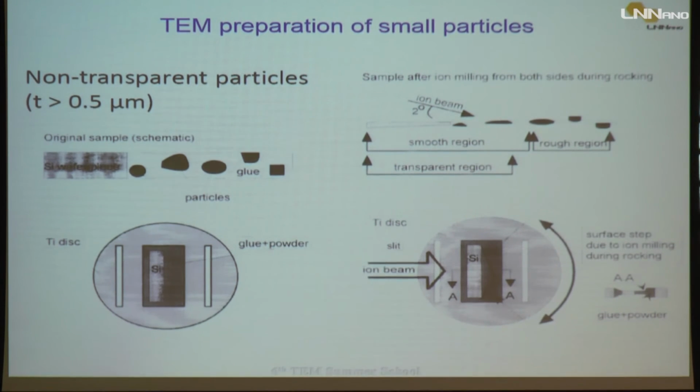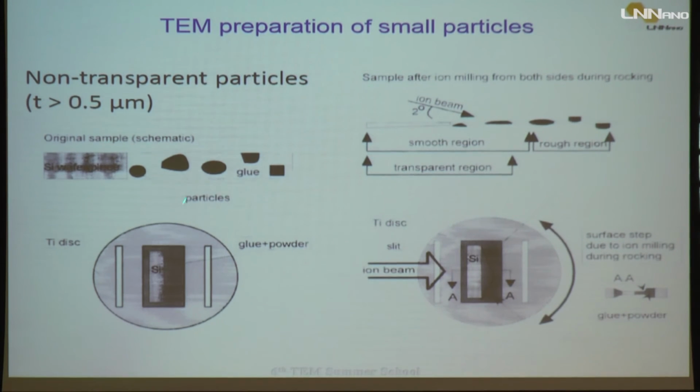Here, if you are working with particles that are non-transparent to electrons, then you need to cut the particles. Then you need to do some strategy to make it electron transparent. And then there are many possibilities. The most conventional is to embed your particles in a resin and cut it and prepare, as we saw in the other layered structure and so on. All those strategies apply for particles also.